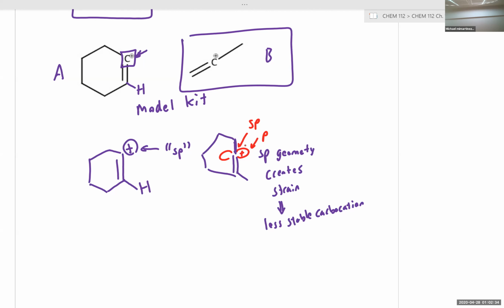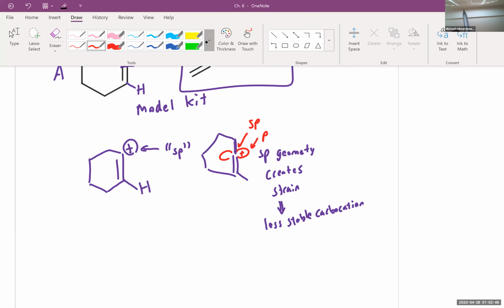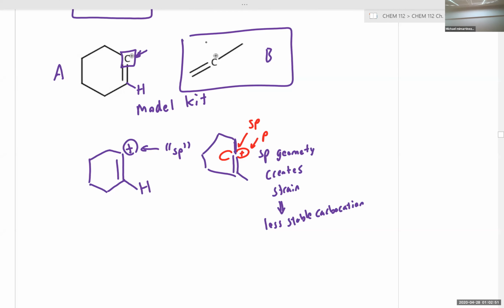You can also view it as, a geometry that would best accommodate our substitution pattern would create an incredible amount of strain, which would destabilize our carbocation. There are many ways of explaining this phenomenon. When you see the pictures drawn, always do a mental check to make sure the geometry is feasible for that hybridization and for that system.